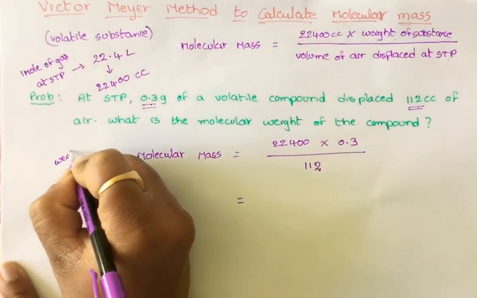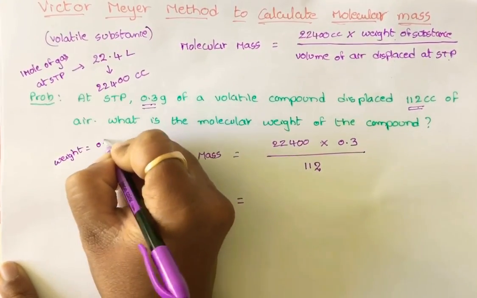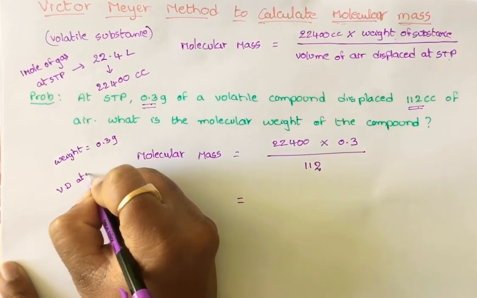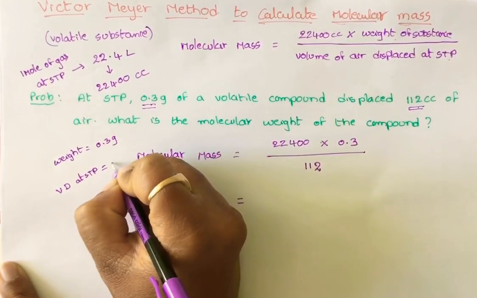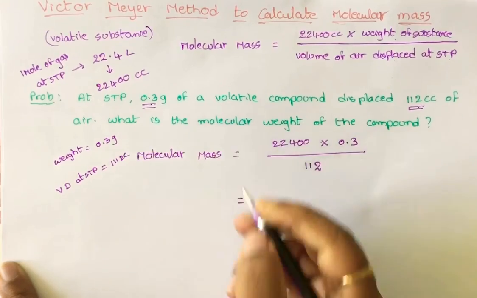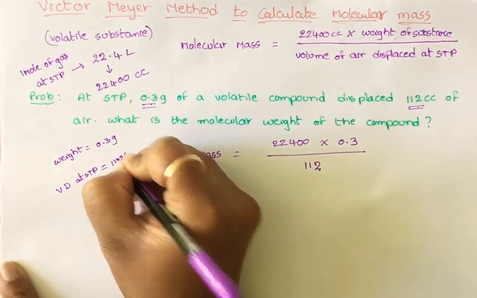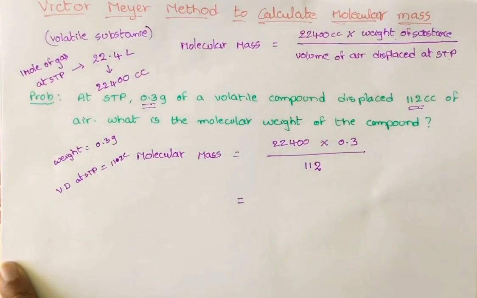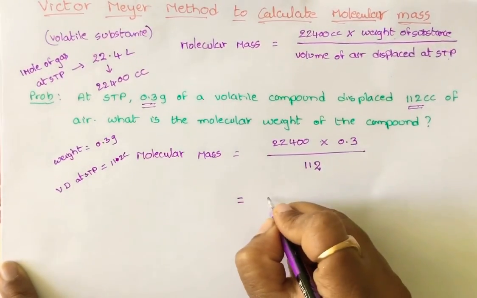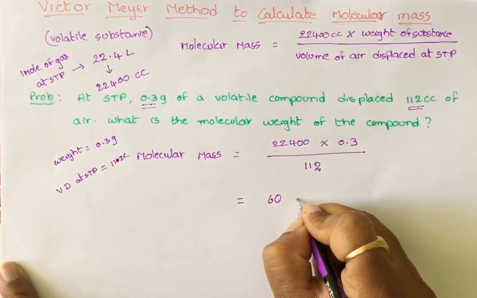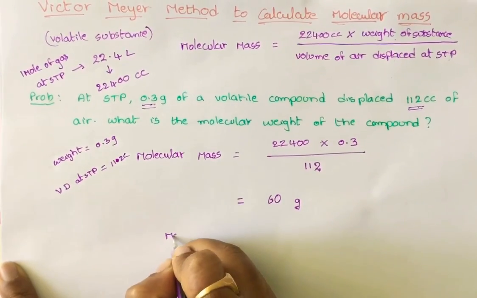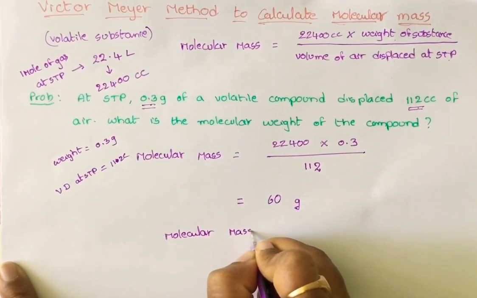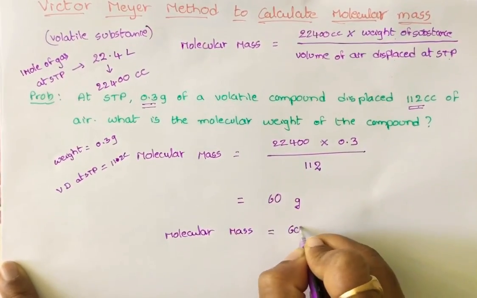Weight of the substance is 0.3 gram, and volume displaced at STP is 112 cc. You need to substitute these two values in the above equation, and if you simplify this, you are going to get the value in terms of grams. So molecular mass of substance is equal to 60 grams.